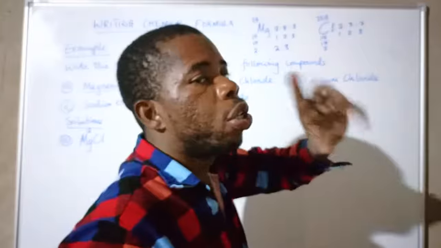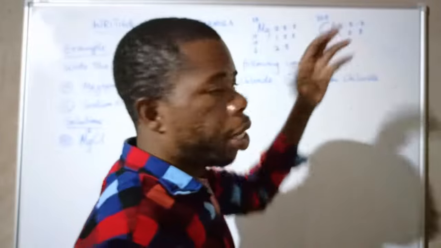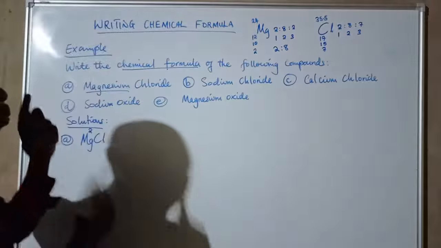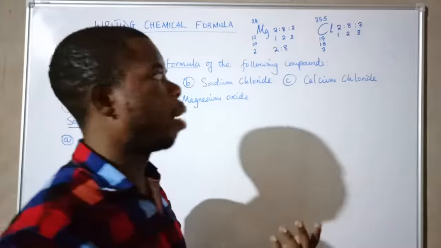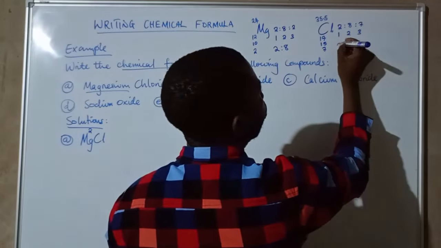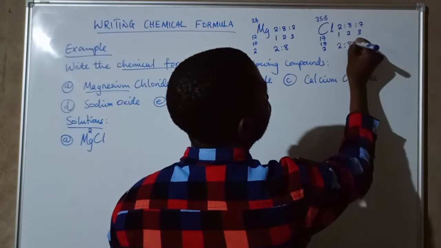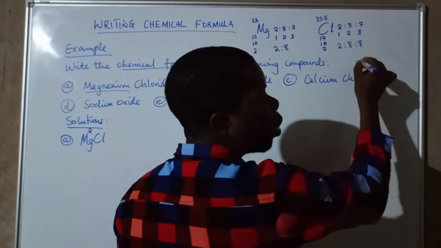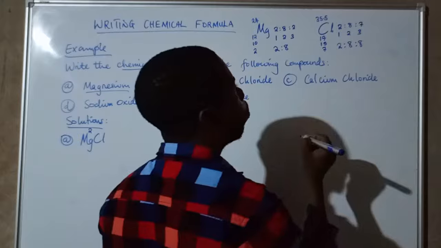Just 1. So therefore, the chlorine atom gains 1 when it reacts with magnesium for it to become stable. So when it gains 1, it will be 2, 8, 8. So the last shell has 8, then it is stable.